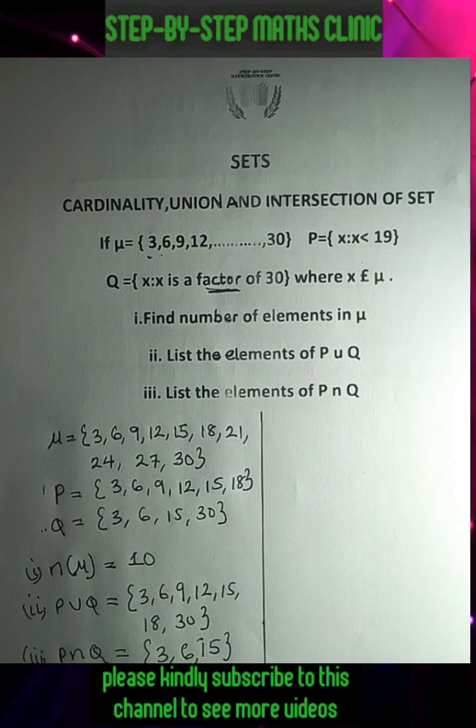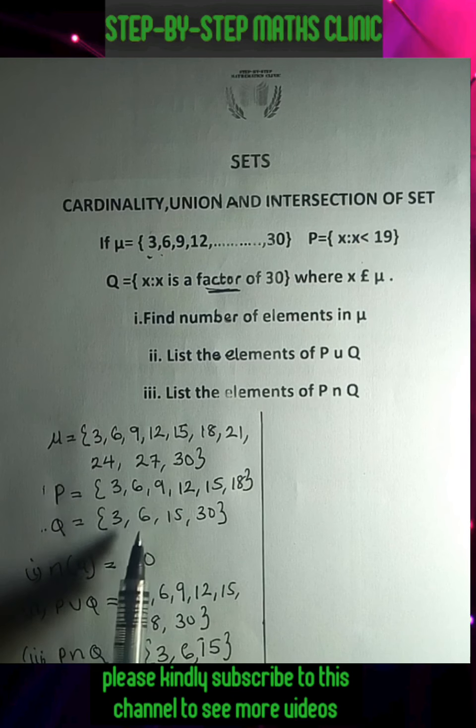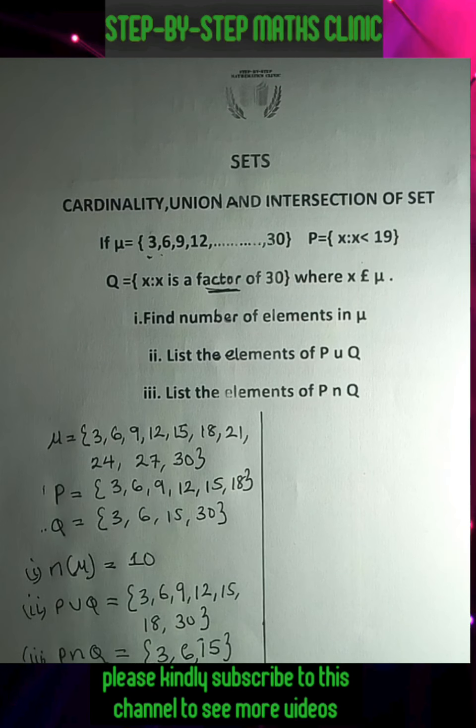So 3, 6, and 15 are common to the two sets, and that is P intersection Q.